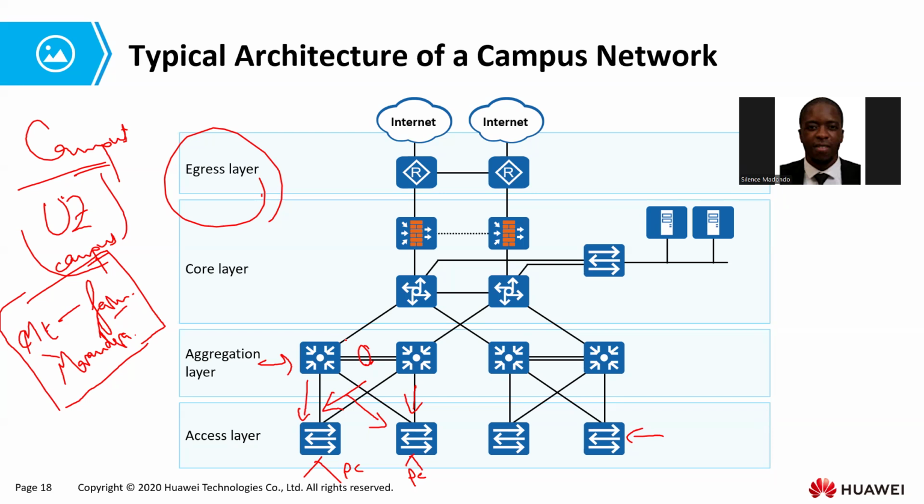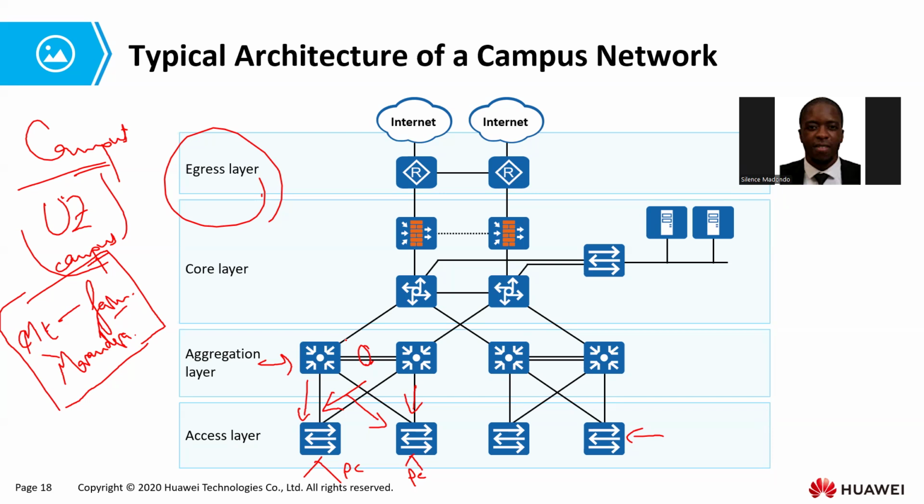That's the egress layer. Then the core layer, with the core devices, basically forms the backbone of the network. So with those layers, that's a typical architecture of a campus network.